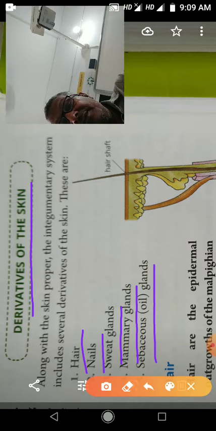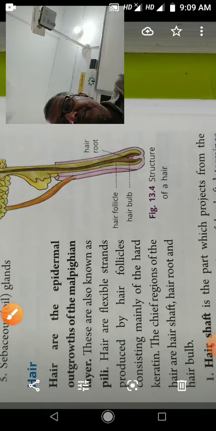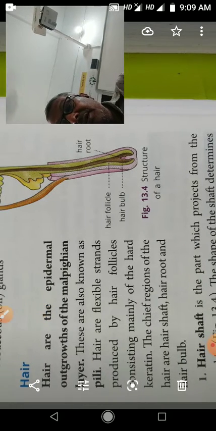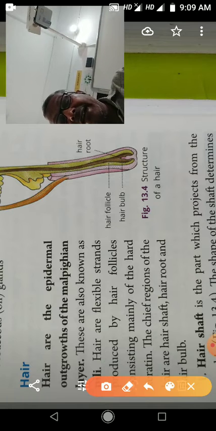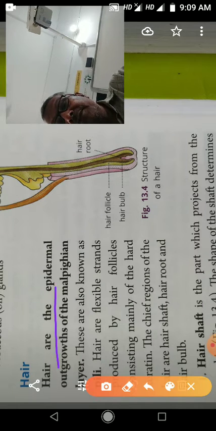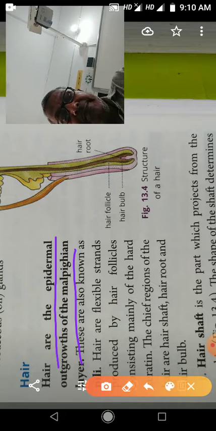In that, first you have to study about hair. So children, you have to know what is the hair. Hairs are the epidermal outgrowth of the malpighian layer. These are also known as pili.